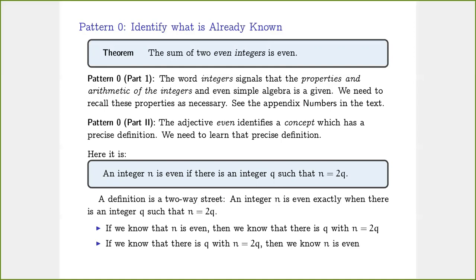A definition is a two-way street. If we know that n is even, then we know that there is an integer q such that n equals 2 times q. On the other hand, if we know that there is an integer q with n equals 2 times q, then we know that n is even.